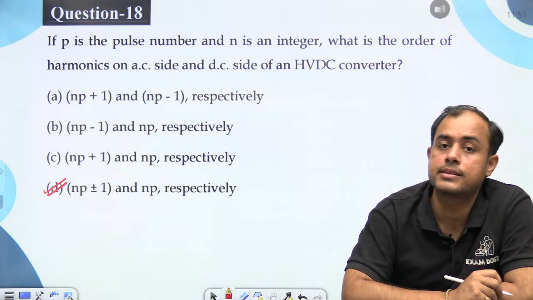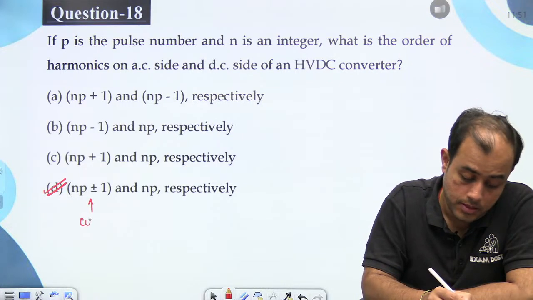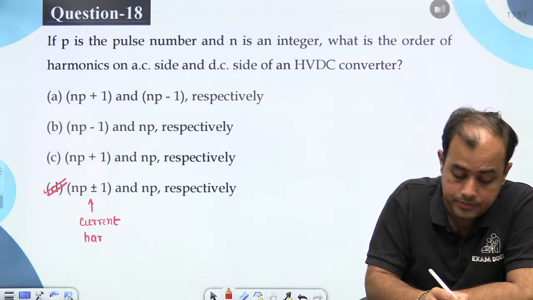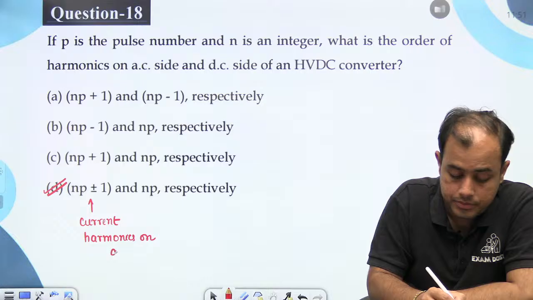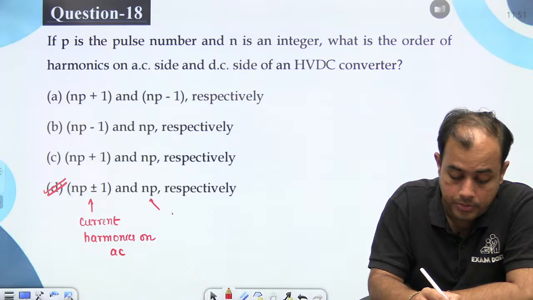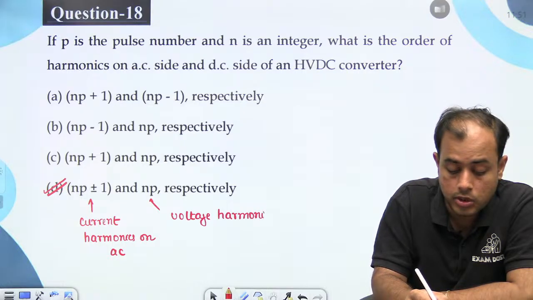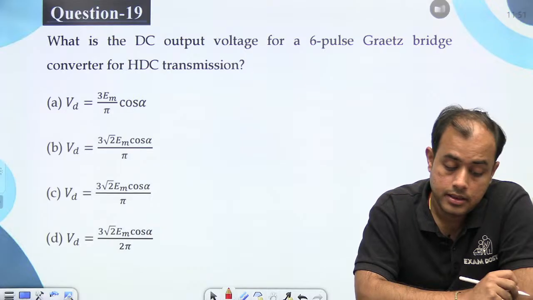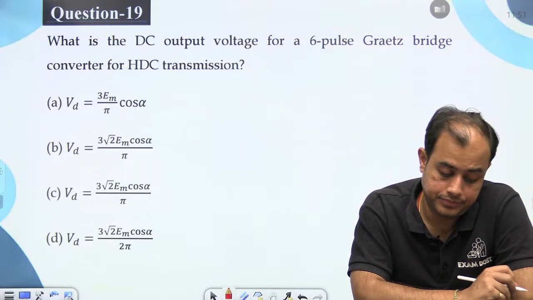AC harmonics NP plus minus 1. NP is voltage harmonics on DC. 6 pulse Graetz bridge converter.